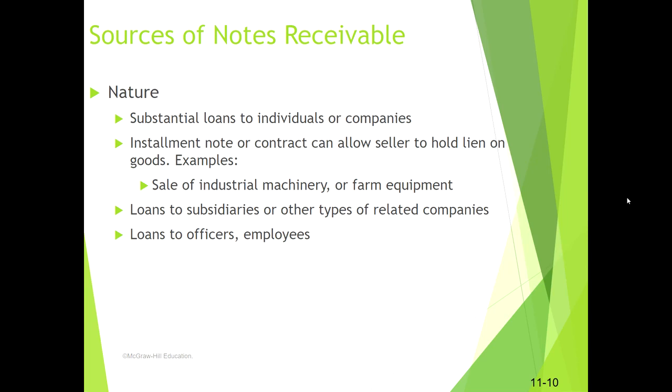You could conceivably have it to related companies as well, or to internal individuals, right? So possibly, you might provide a home to your CEO in exchange for a note, and it's compensation because let's say you're a construction company, right?